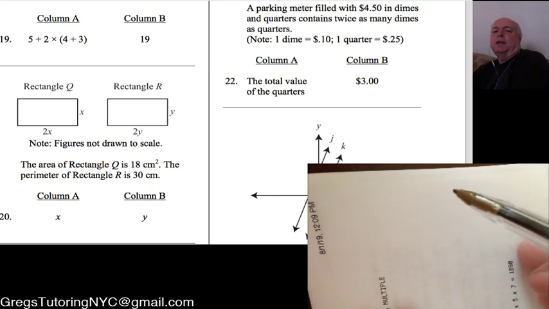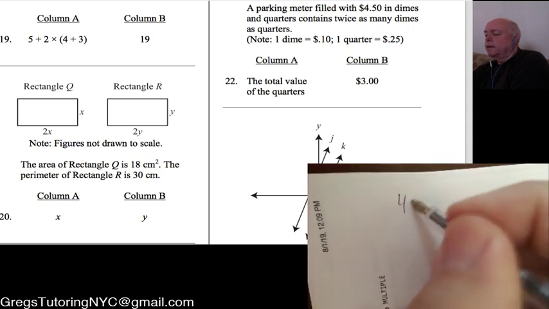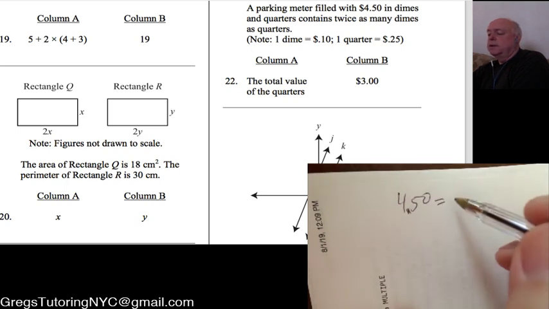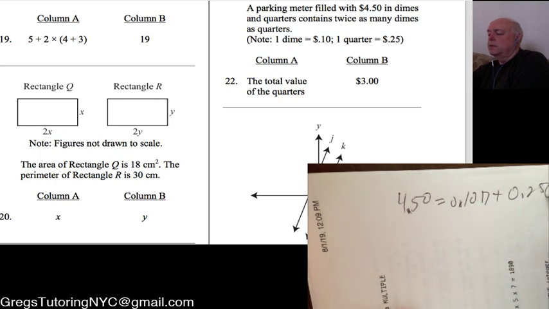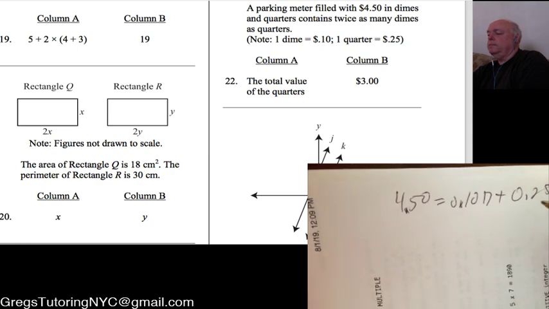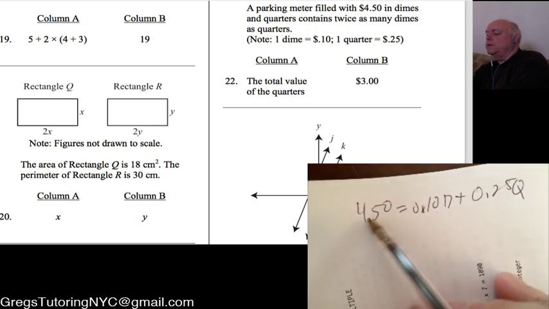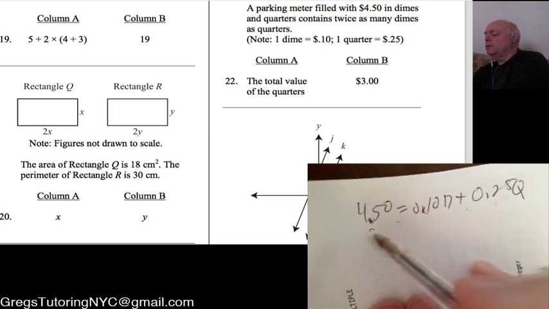So a parking meter is filled with $4.50 in dimes, and they're telling us a dime is worth 10 cents, and 25-cent quarters. You can keep this in the decimals, but if I multiply both sides by 100, I'm going to have whole numbers.